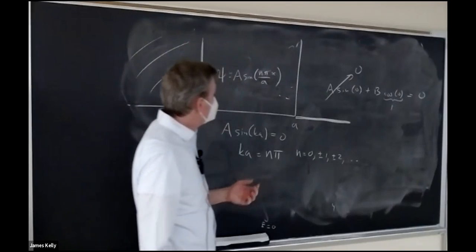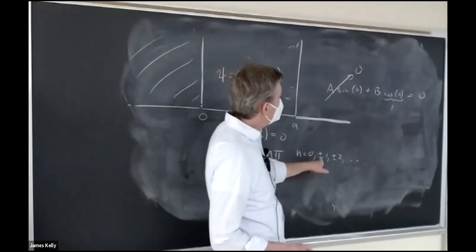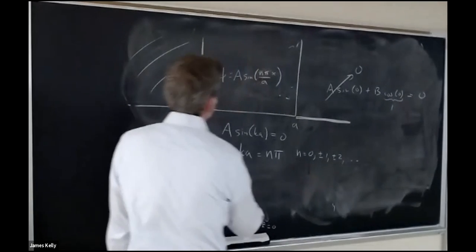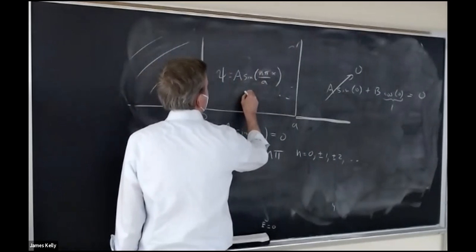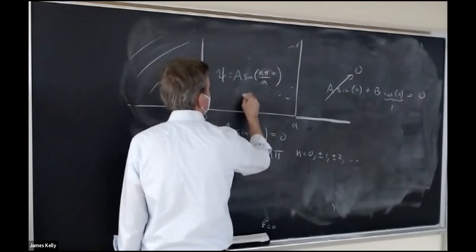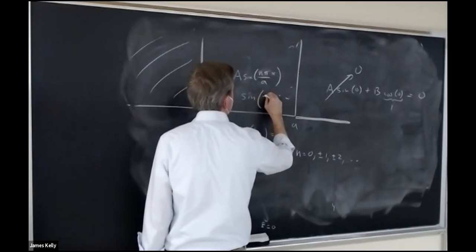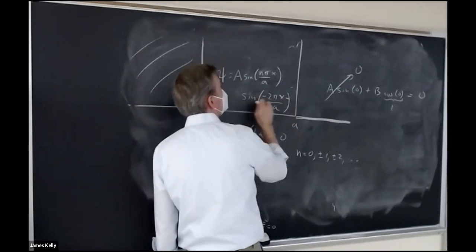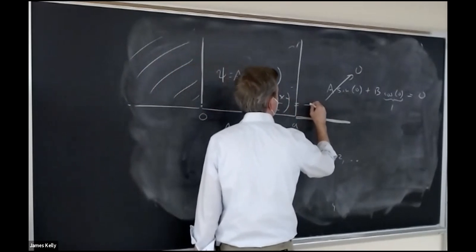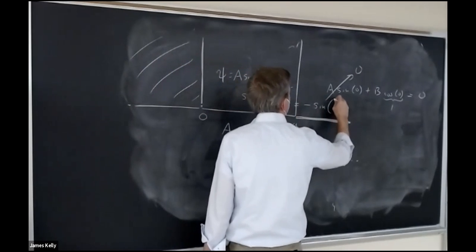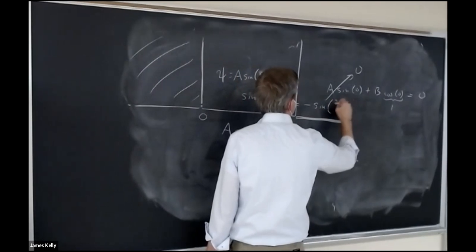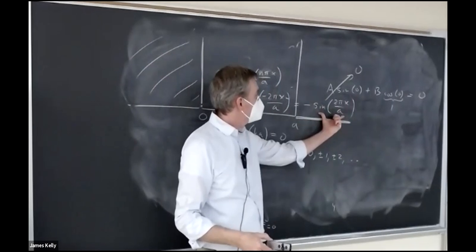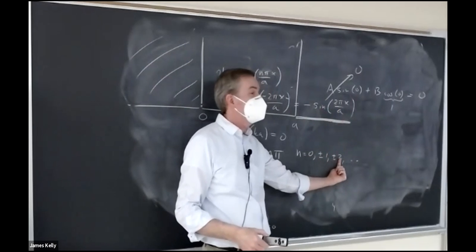And similarly, for all the negative numbers, consider, for example, n equals -2. Then I would have a function that looks like the sine of -2 pi x over a. We all know that sine is an odd function, and I could write that as minus the sine of 2 pi x over a, which is what I've got left here, except for the minus sign, the one that corresponds to +2.